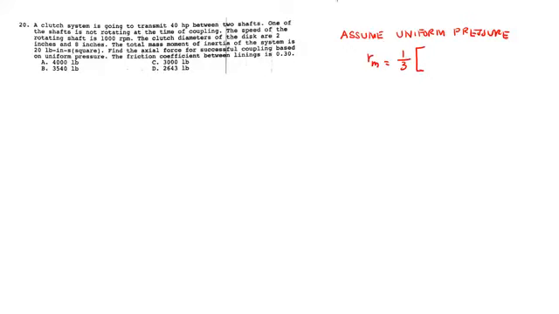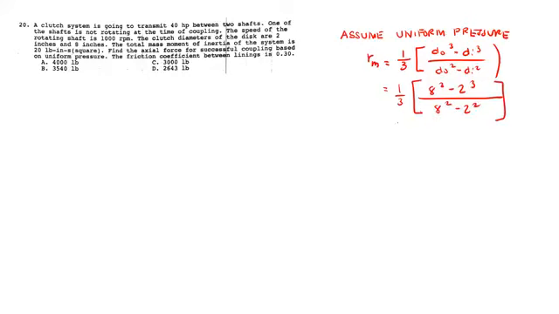So, ano ba mga given? So, diameter, so DO cube minus DI cube over DO squared minus DI squared. So, substitute natin. 1/3. So, ilan yung outside diameter? So, 8 raised to 3 minus 2 raised to 3 over 8 squared minus 2 squared. So, ilan to?